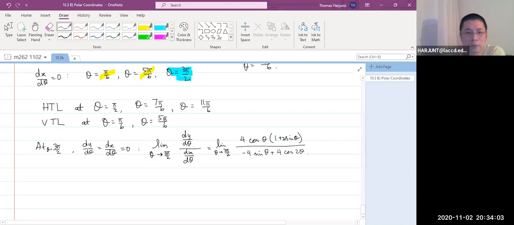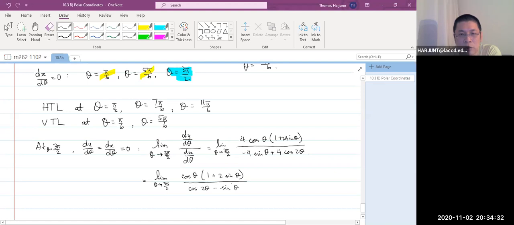Oh, I can cancel the 4 at least. So limit as theta goes to 3 pi over 2 of cosine theta times (1 plus 2 sine theta). I really hope I can cancel something though. If I cancel the 4, then I will get cosine 2 theta minus sine theta. Should not help me.